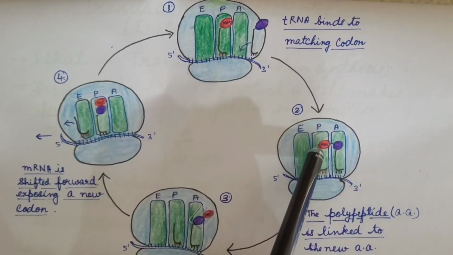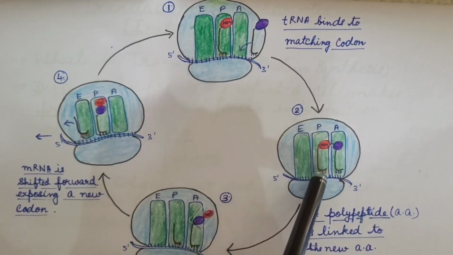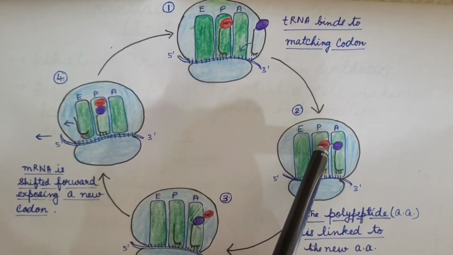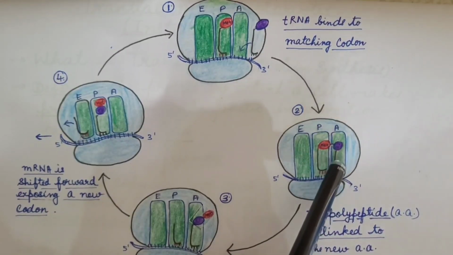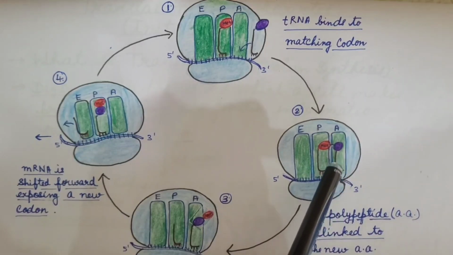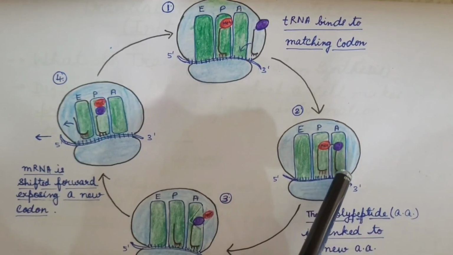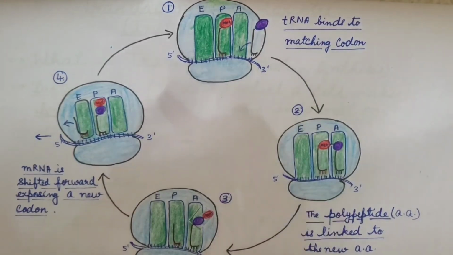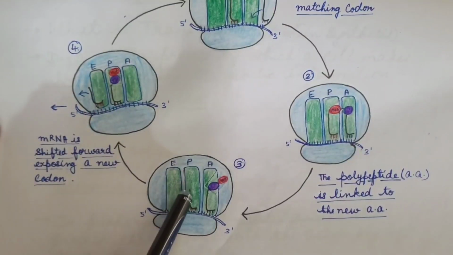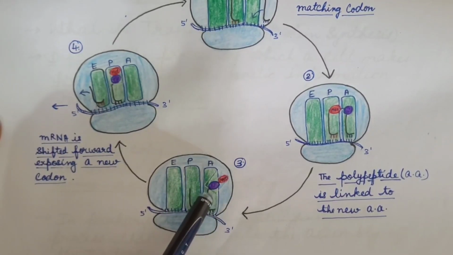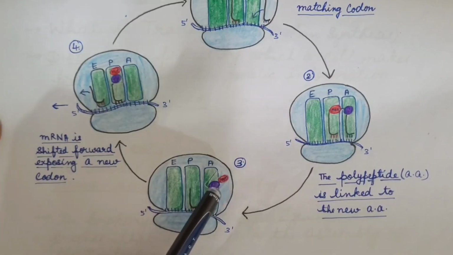Then this N-formyl methionine is uncoupled from the transfer RNA at the P site and joins to the amino group of the amino acid which is linked to the transfer RNA at the A site by a peptide bond. Hence, deacylated transfer RNA is left at the P site and the A site consists of peptidyl transfer RNA.